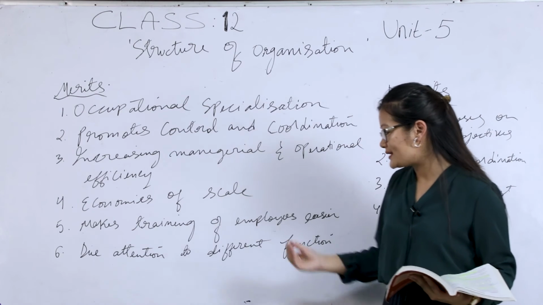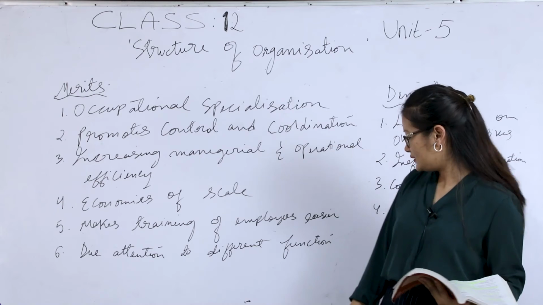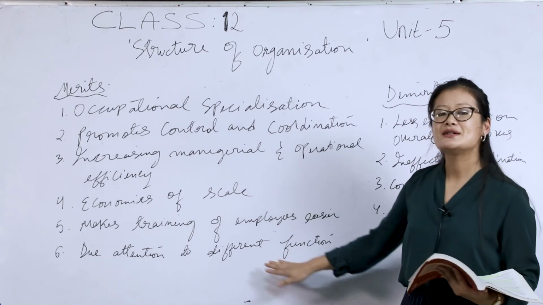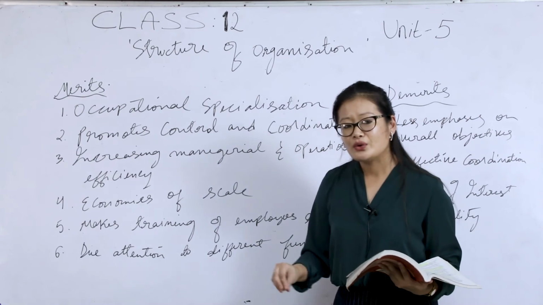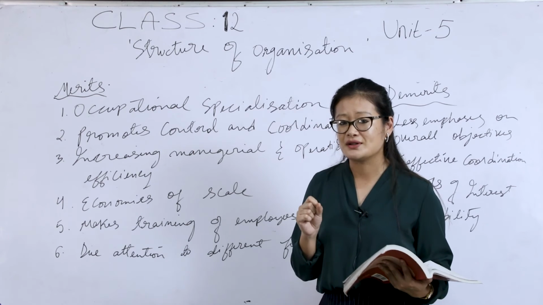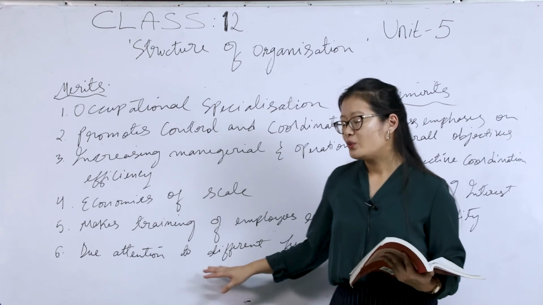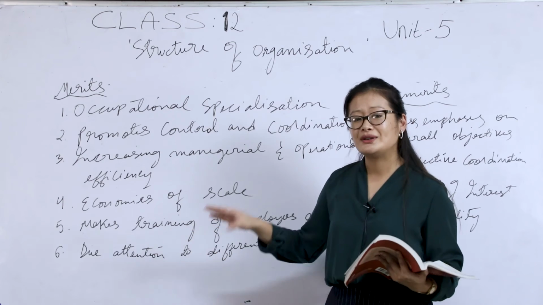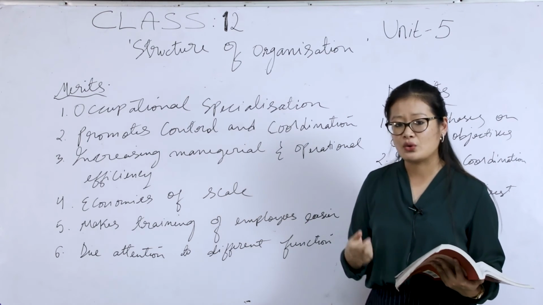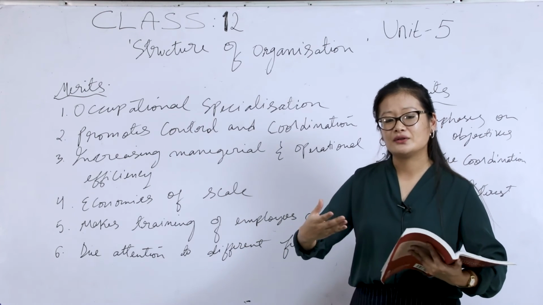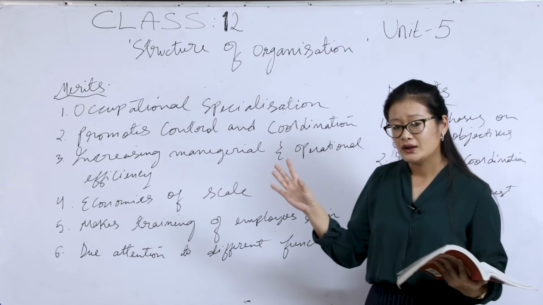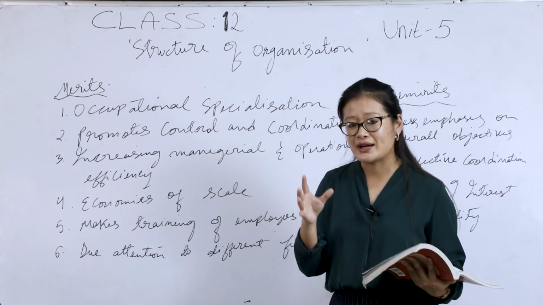Number 6, due attention to different function. So here we know that in every department, they have some certain objectives to achieve, right? So what each department does is they only focus on achieving their departmental goals, and they avoid the organizational goals as a whole, which also have some objectives to achieve.